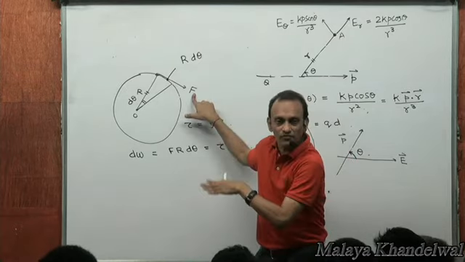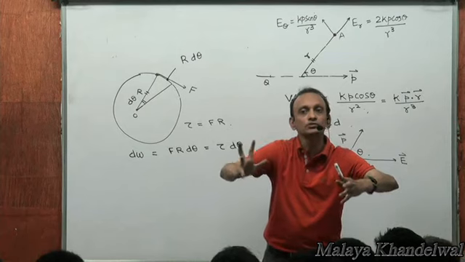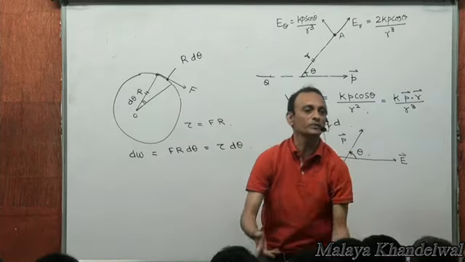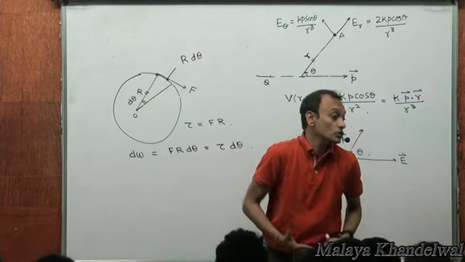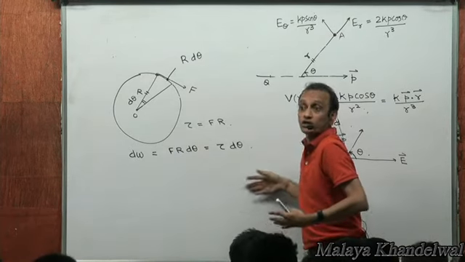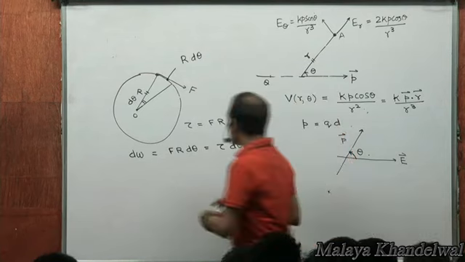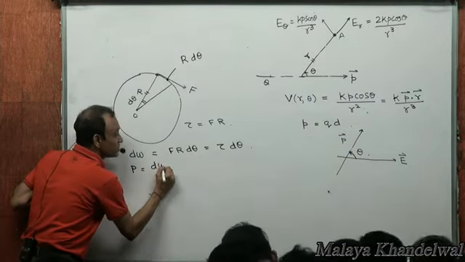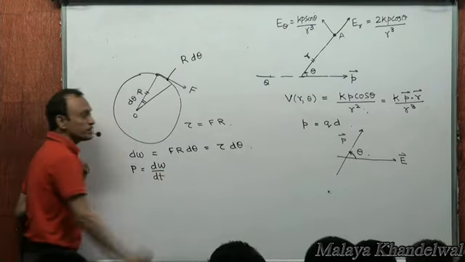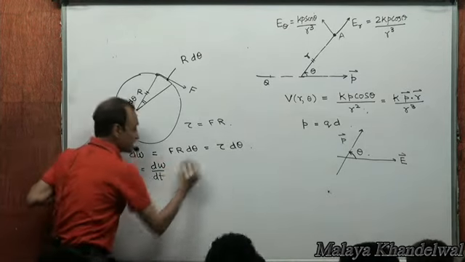Eventually it was work done by the force F, but it is commonly used to say work done by a torque because this force translates into a torque. So work done by a torque is tau d theta. The power associated with this is dW/dt. Differentiate this with respect to time.